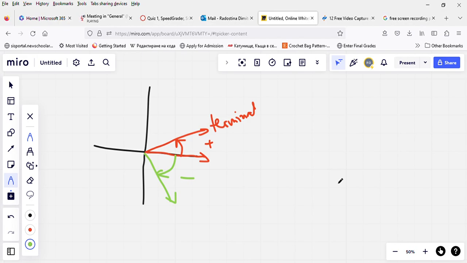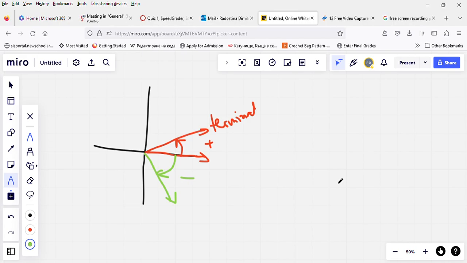So in trigonometry, we can have positive and negative angles. Another thing we can have is angles that are more than 360 degrees. They can go pretty much to infinity. That would mean that you're turning over and over again. You make one turn, that's 360. You make another turn, then it's 720, and so on.